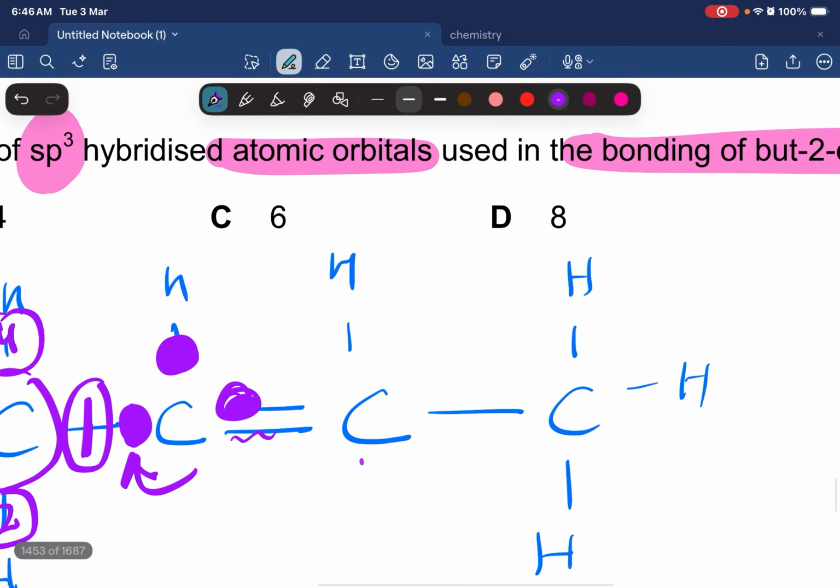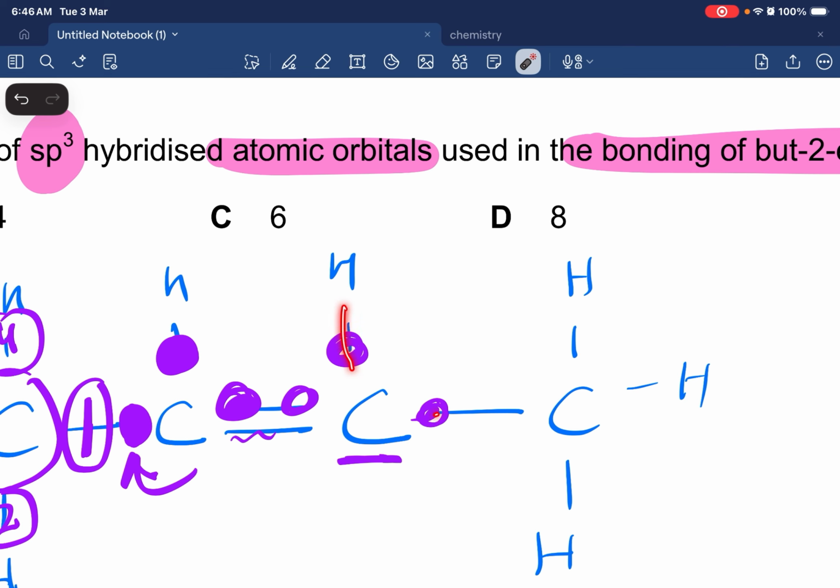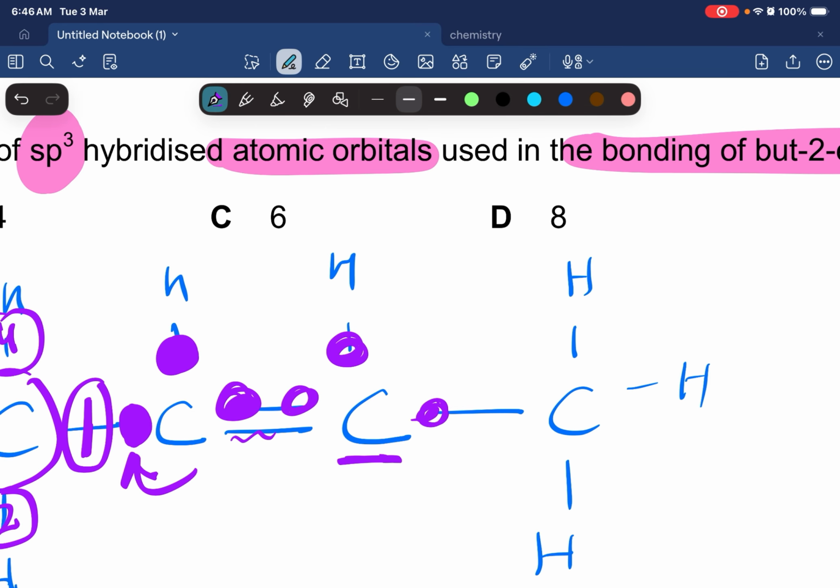Then we come to this carbon. This carbon is also going to have sp2 hybridized orbitals, sp2, sp2 and sp2. How do I know this? Because it's making 3 angles and it has a double bond, so it's sp2 hybridized. And then we come to the last carbon, which is sp3 hybridized because it's single bonded.